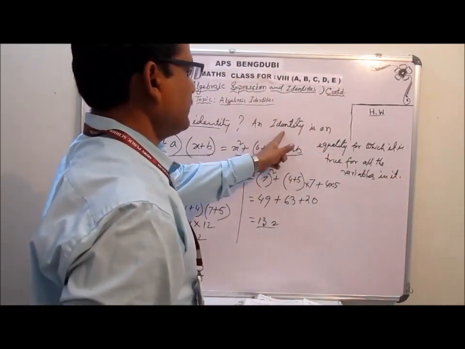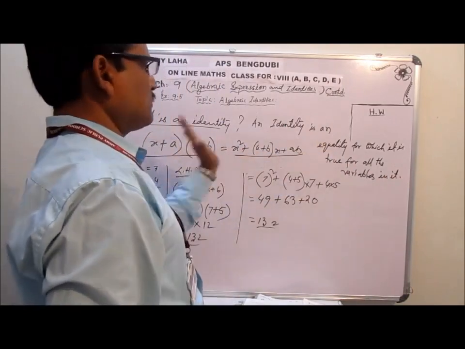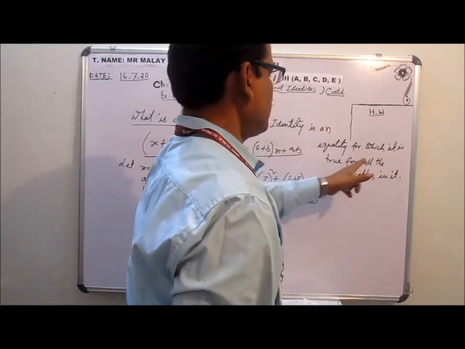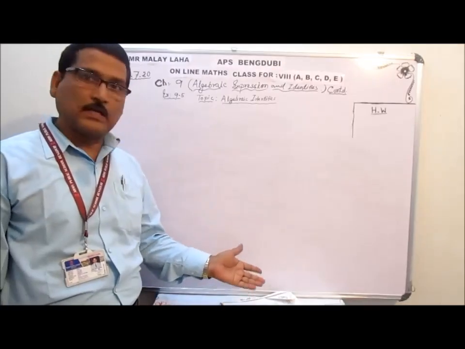An identity is an equality, both sides equal, this equal to that, for which it is true. Prove the identity. And the other identities are also there.